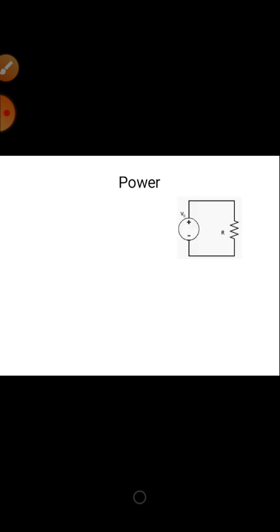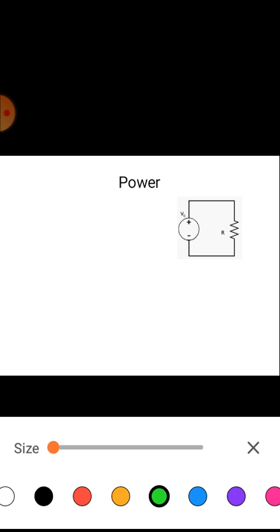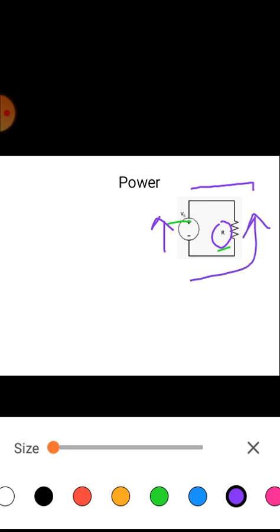The next concept is power. One simple circuit is shown here. In that circuit, Vs is the supply voltage and R is the resistance, in a closed circuit. If I apply this voltage to this resistance, electrons start moving.